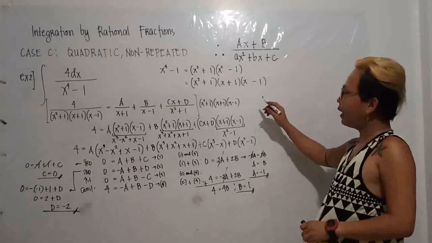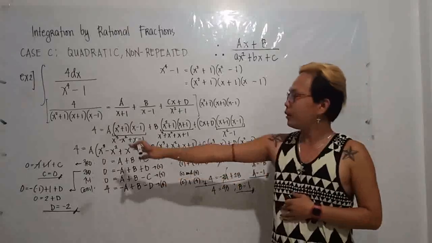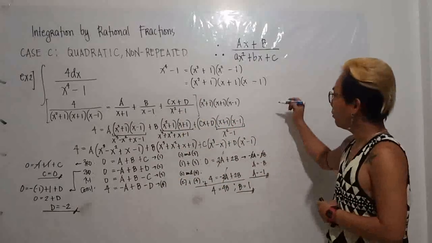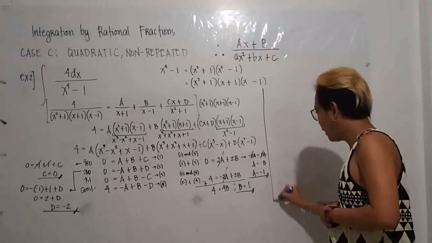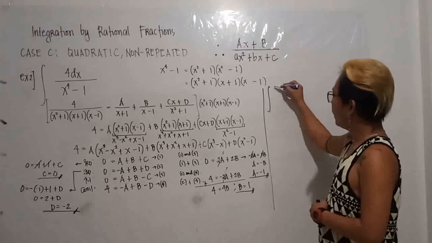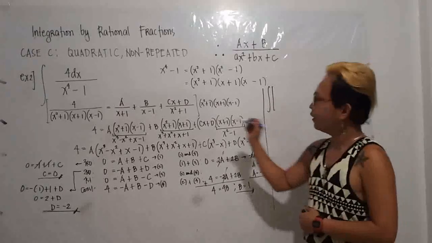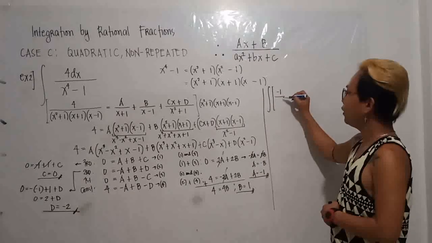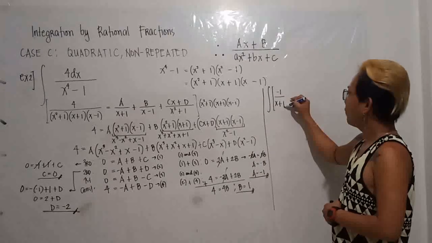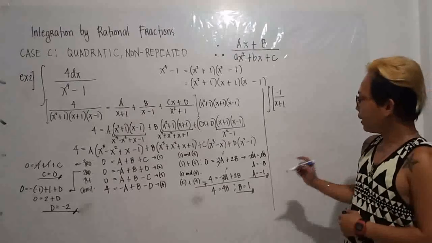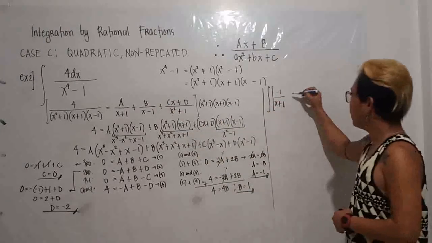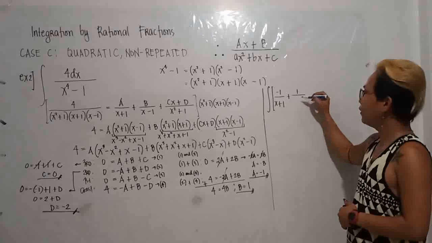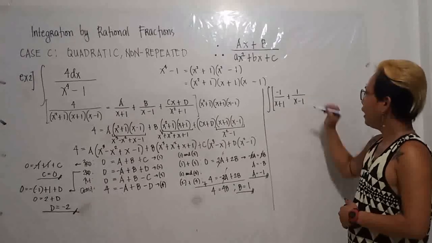Now we will apply those values dito kay equation. So magkakaroon na tayo ng integral of a is negative 1, so that's negative 1 over x plus 1. Then pagdating kay b, you will have 1, so that's plus 1 over x minus 1.